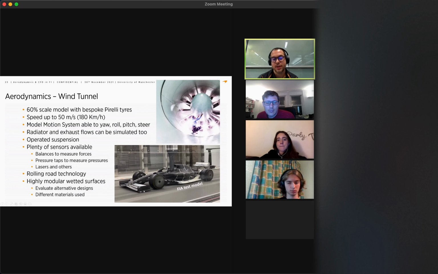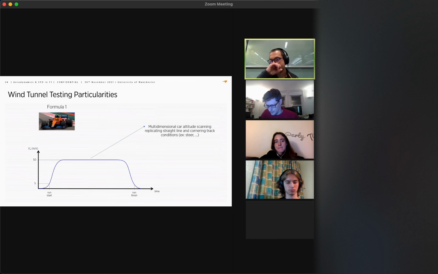Are you going to create a fully new front wing? No, you want your surfaces to be very modular. So if you change a part, you want to be able to change as much as possible on your wind tunnel model. This allows you to have less downtime, perform changes faster, and be more efficient.